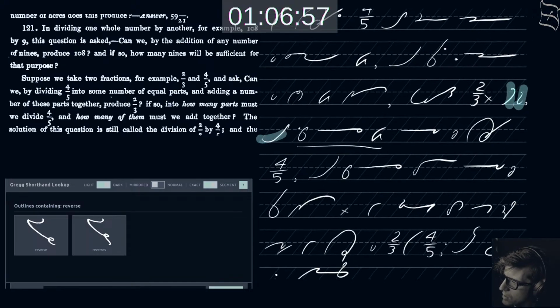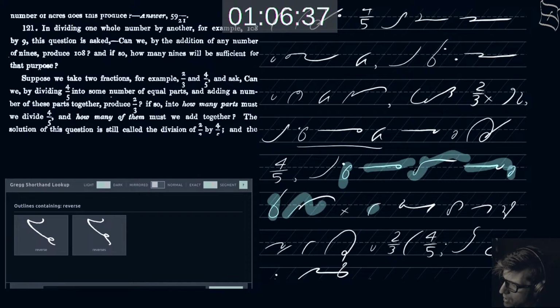If so, into how many parts must we divide 4/5? And how many of them must we add together?